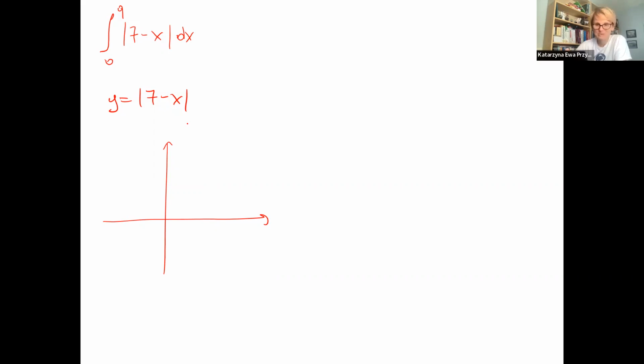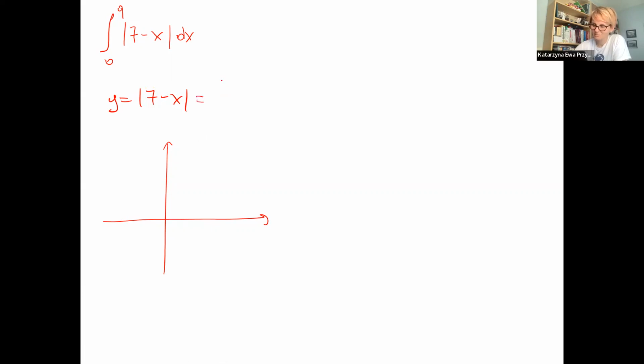Okay, I was just thinking how we can get the graph. Okay, let's maybe do it this way. Because it's absolute value, right? We know how an absolute value looks.